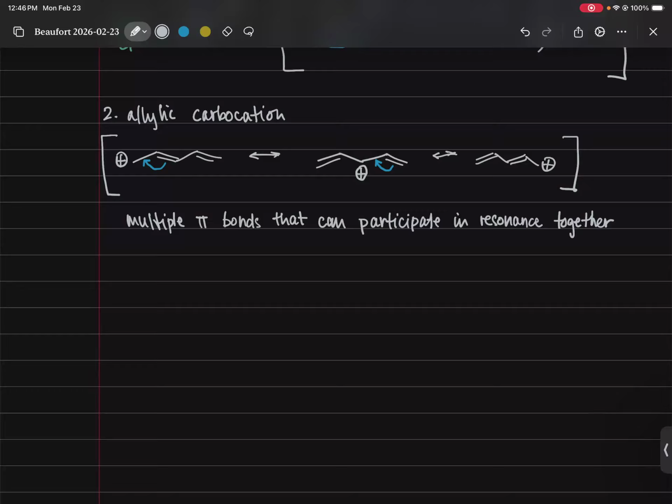If you have multiple pi bonds that can participate in resonance together, we call that resonance. Sorry. Of course we call that conjugation.